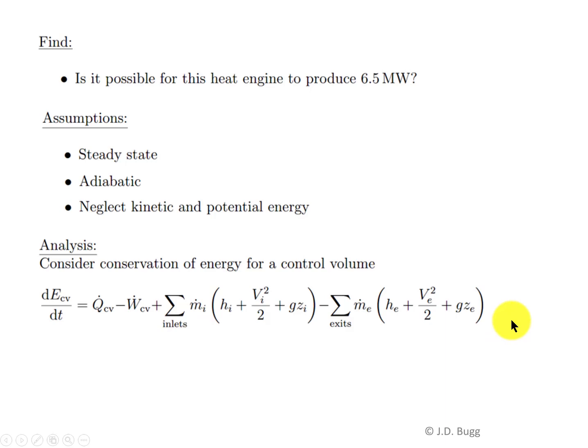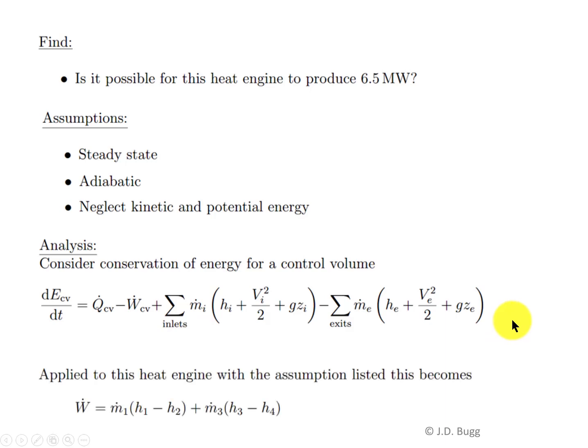So when we apply those assumptions to our control volume, this equation becomes W dot, the power that we're trying to calculate, is the mass flow rate of the air times the air inlet minus the air exit enthalpy, plus the mass flow rate of the water times the water inlet enthalpy minus the water exit enthalpy.